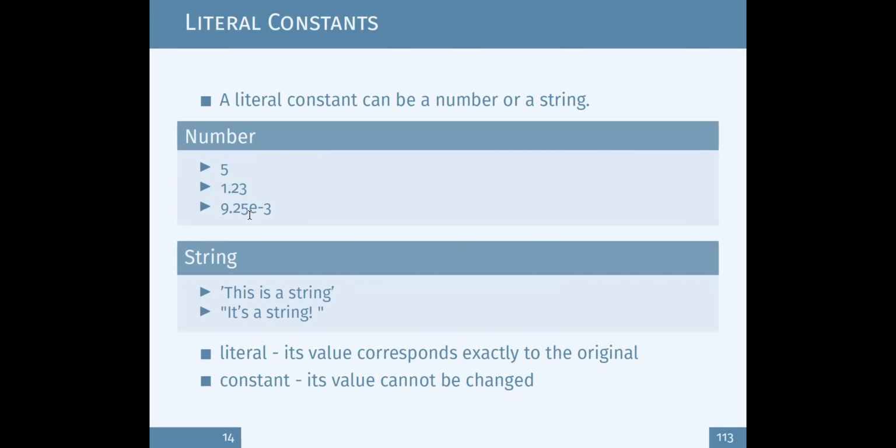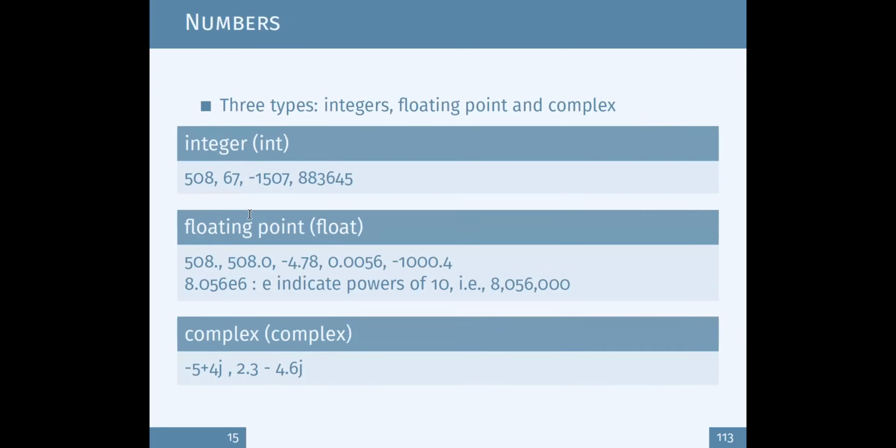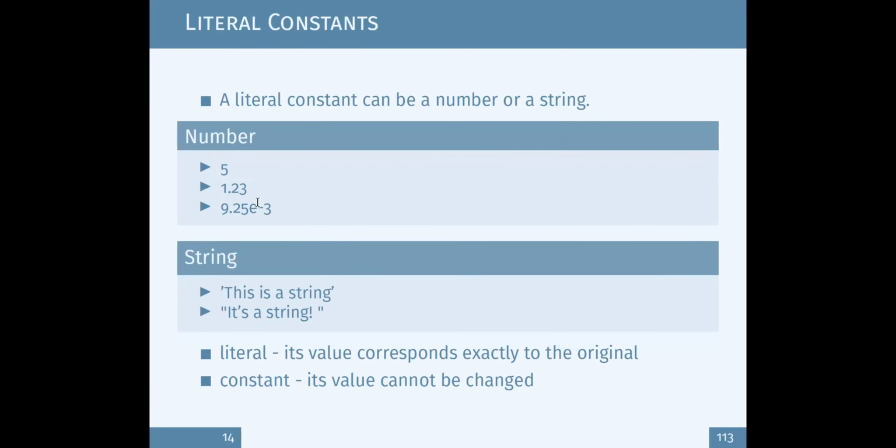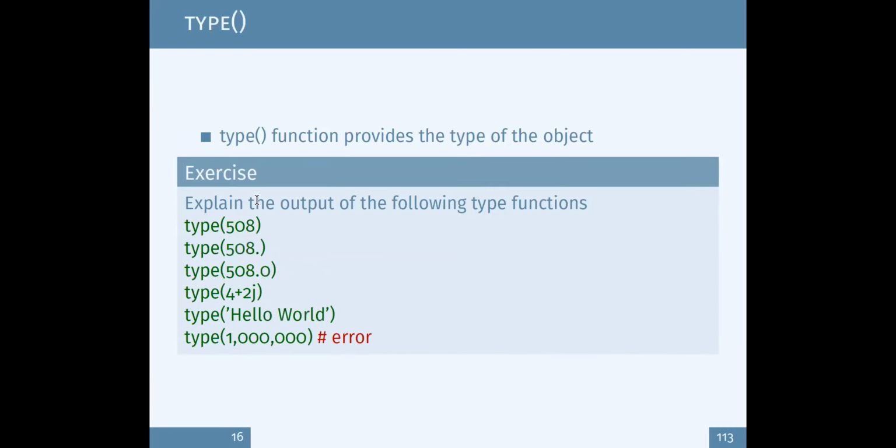Then when it comes to Python, it supports different data types, starting with integers, floating point, and complex numbers. So these are the different number formats it supports. And then it also supports string, Boolean, and so on, right?